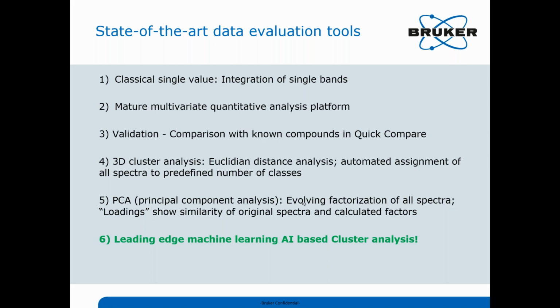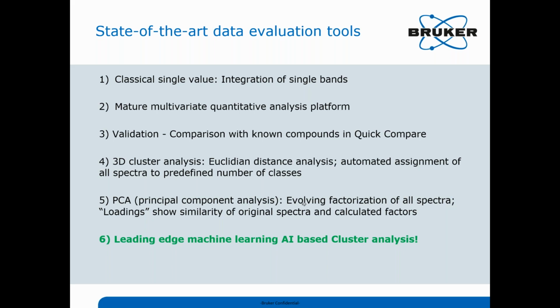Validating things: I want to do raw materials ID, comparing against known compounds. Usually the quick compare works exceedingly well, where you dump everything you might ever see into a directory, run it, and get the answer, red light, green light operation. Very nice. And for the chemometric analysis, you can do 3D analysis using multivariate analysis with evolving factors.